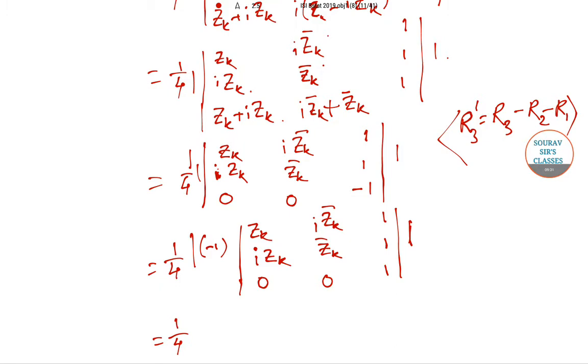Now expanding it with respect to the third row, we get 1 times 0, which completely becomes 0, then minus 0 times this, which becomes 0, then plus minus 1 times zk into zk bar minus i zk into i zk bar.